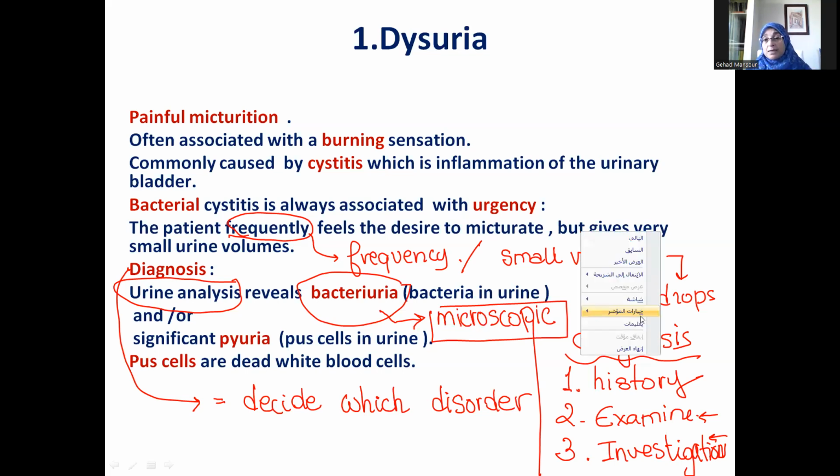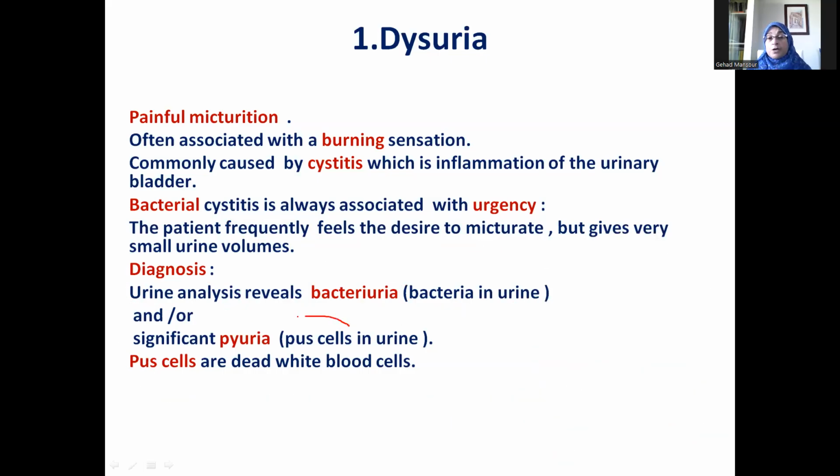Sometimes, in addition to the presence of bacteria in urine, you will find pus cells in urine. Is it related? Yes, because when you have bacteria in urine, you would have white blood cells to fight and kill those bacteria. But after having fought the bacteria, the white blood cells die, and when they die, they form pus cells, which are the dead white blood cells that do not have nuclei.